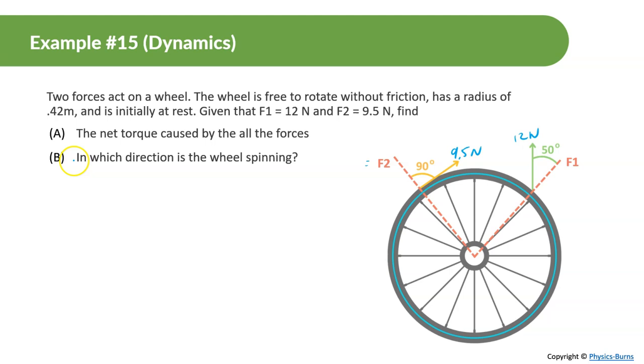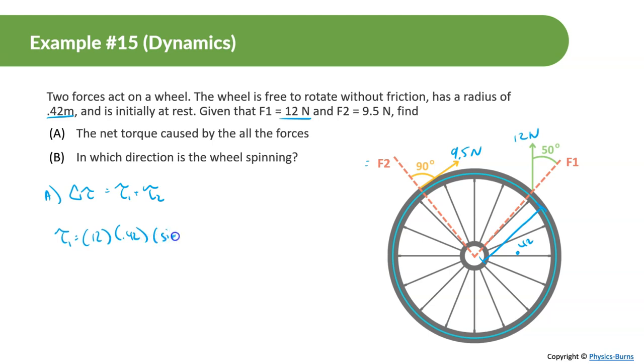So the net torque is, in this case, going to be the sum of all torques, which is equal to the torque of 1 plus the torque of 2. Okay, so let's find what the torque of 1 is. Torque of 1 is equal to the force, which is going to be 12 newtons, times the radius. The wheel has a radius of 0.42 meters, so from here to here is 0.42.